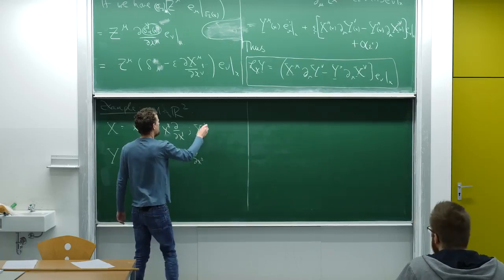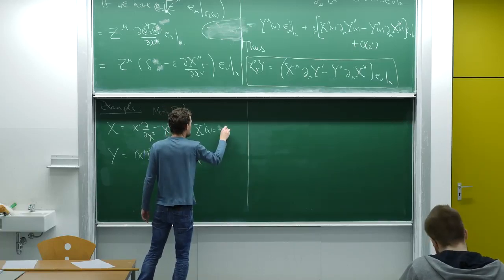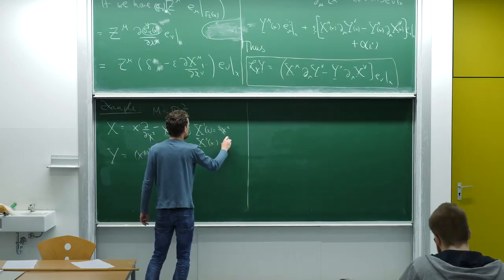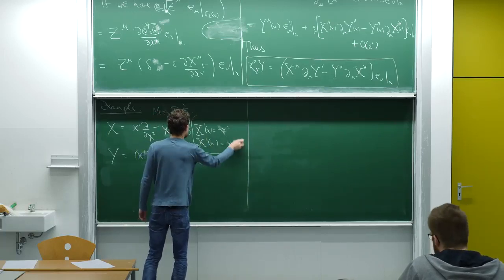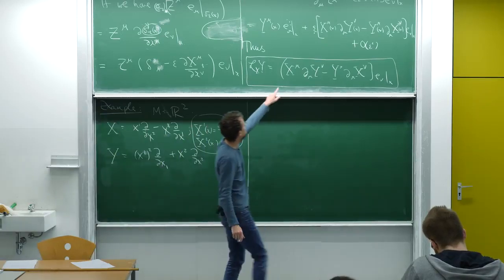So that means that capital X^1 as a function of the argument is minus x2, and capital X^2 as a function of the argument is little x1. Because we're going to need that when we go to this formula here.